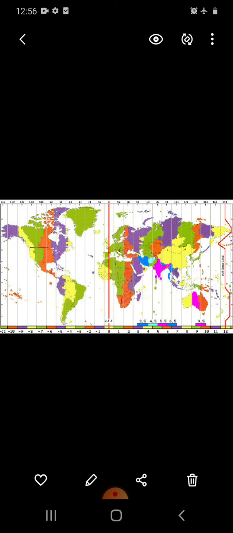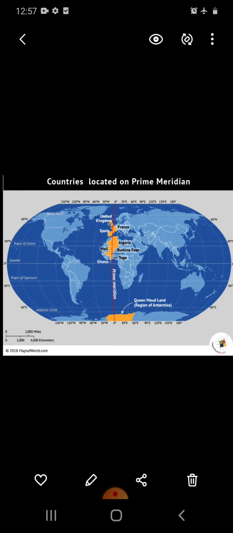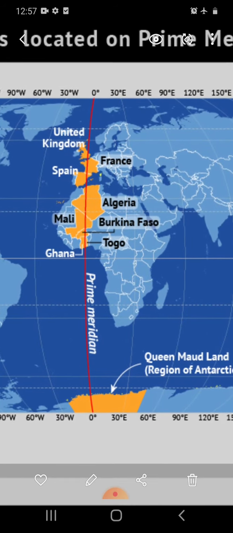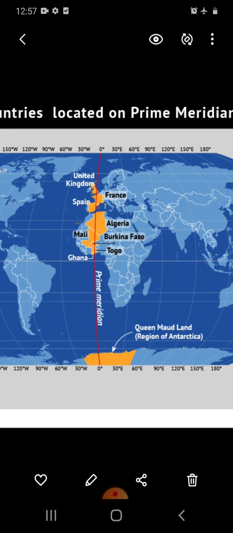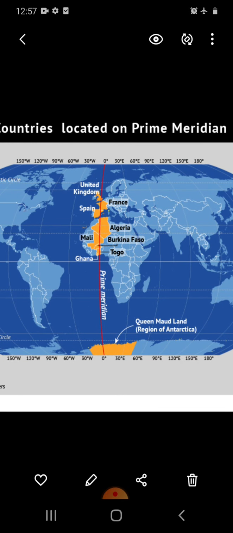Two longitudes are not parallel to each other. The 0 degree longitude is known as the prime meridian. It divides the earth into two hemispheres, eastern hemisphere and western hemisphere. There are 180 longitudes towards the west and towards the east, and the total number of longitudes is 360.